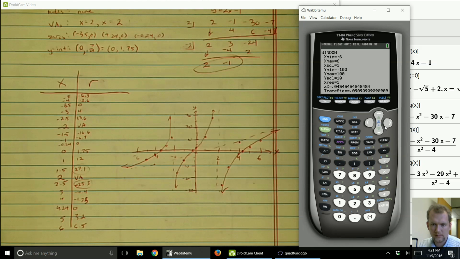So negative 6, 6, and negative 30, 30, 10, or 5, I guess. Put that line in there just to make sure it looks right. 2x minus 1.